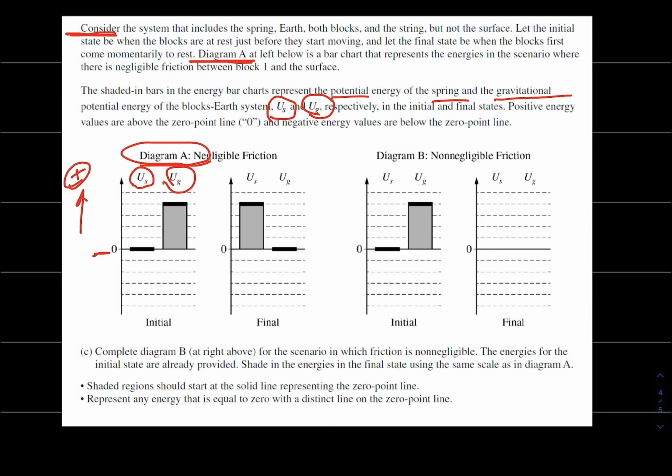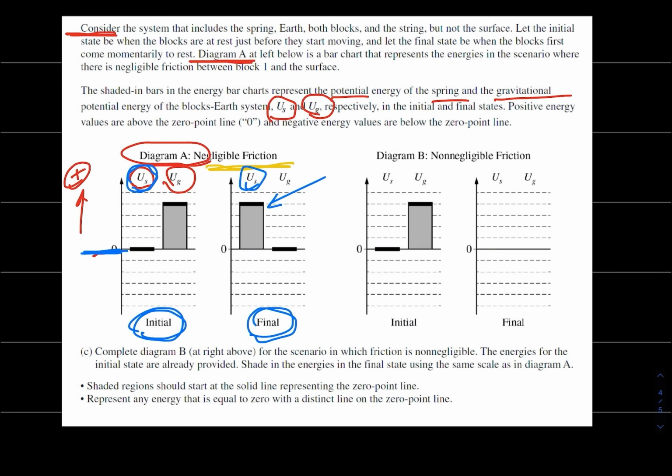The spring potential energy started out at 0 because it was in equilibrium, it was unstretched. That's the initial state. In the final state, the spring potential energy had all of the potential energy. The mass was at rest, the spring was stretched, the spring was holding on to potential energy. We knew that stretched or compressed springs hold on to potential energy.